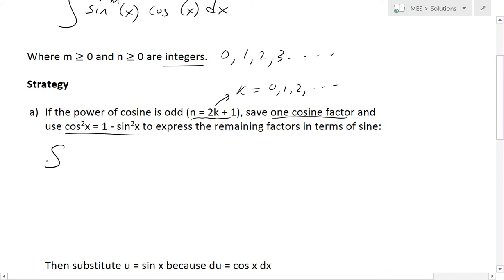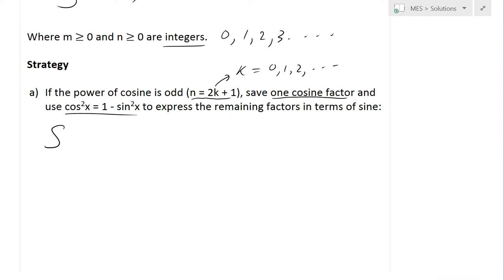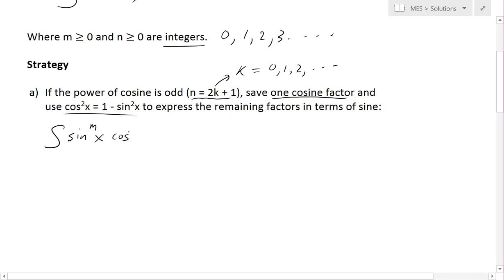Use this identity to express the remaining factors in terms of sine. So for example, if you had sine to the power of m of x times cosine 2k plus 1 of x dx, we would save one cosine factor, so we'd write sine m x times cos to the power of 2k of x, and then times cosine of x dx.